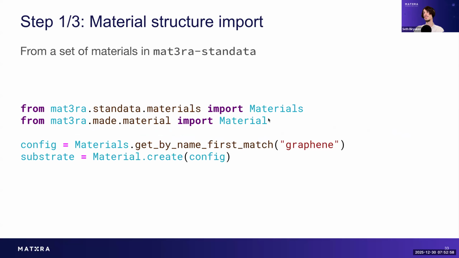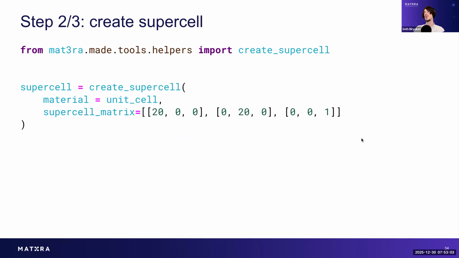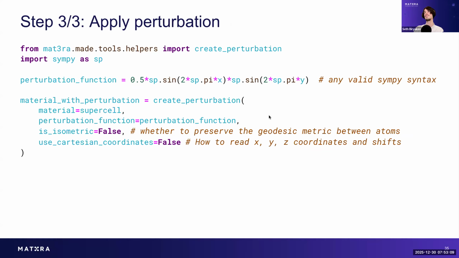First, we're going to be using Mat3ra data, importing Graphene, creating a supercell with the function, and then we will apply the perturbation. This we do by using the create perturbation function, where you can specify any varied function within the SymPy syntax, which is basically just writing typical Python functions.